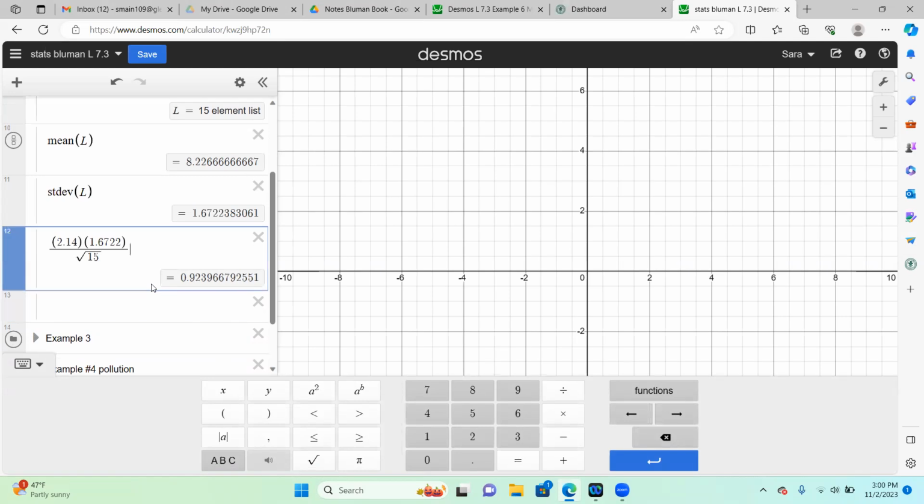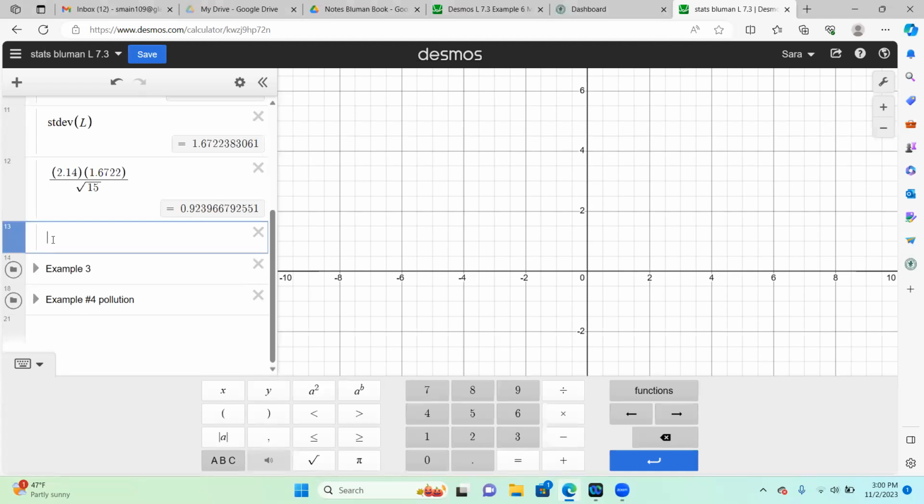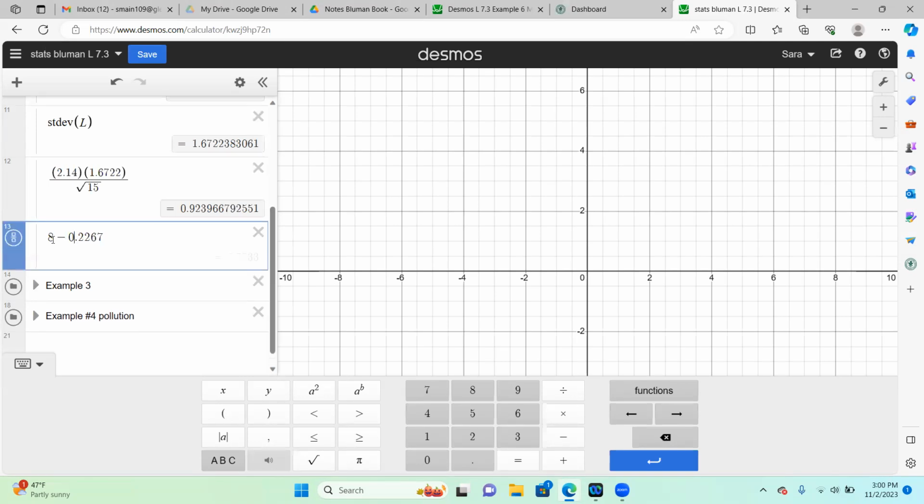Now, to find my lower and upper bounds, I'm going to take my mean, which we found is 8.2267. So I'm going to take 8.2267 and subtract 0.923. Whoops. Subtract 0.923. Oh my goodness.